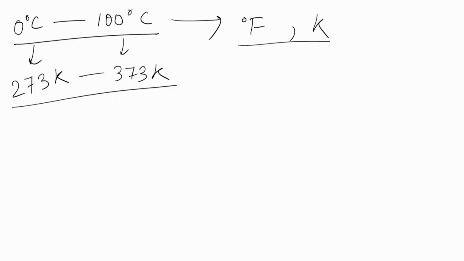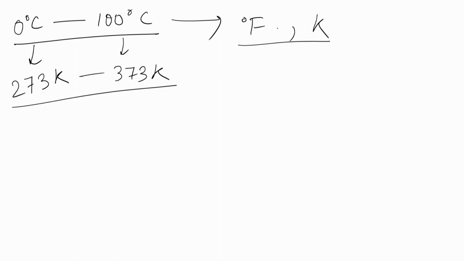Then we started discussion about the interconversion of these units. We had studied that in a Celsius thermometer, if it is from 0 degree Celsius to 100 degree Celsius, then in the Kelvin scale, we will have it from 273 Kelvin to 373 Kelvin.